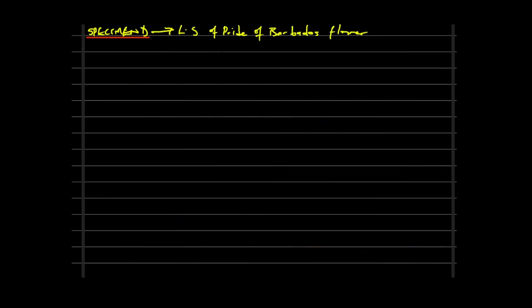So the specimen D that we're talking about now is the longitudinal section of the ovary of the pride of Barbados. Let me quickly correct this so we don't get it wrong.